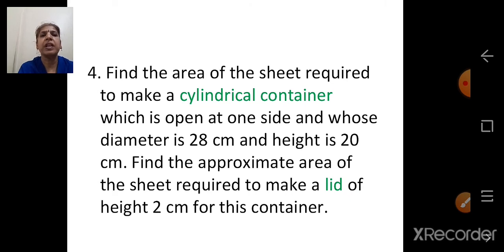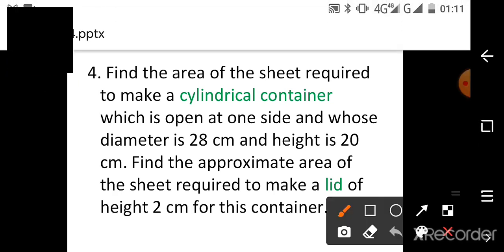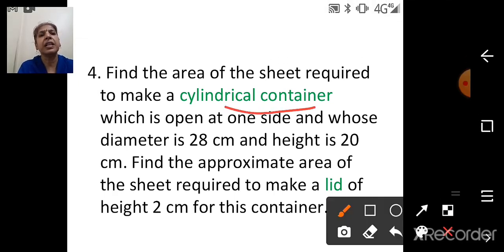So children, here now what is asked? Area of sheet required to make a cylindrical container. So this word cylindrical tells us that we have to use the formula related to cylinder. And what we have to find? We have to find the area of the sheet required. Now important thing mentioned, it is open at one side.